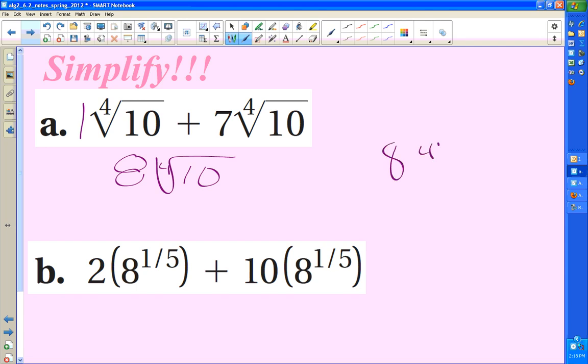They float the 4 and it ends up looking like this. Or they do this little check mark. What the heck is that? And they float a 4 there. What, 8 4 root 10? You want this sucker in the V. I do like a little platform thing. Because that's how it's written.